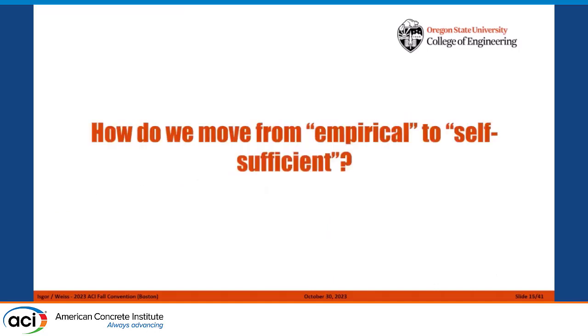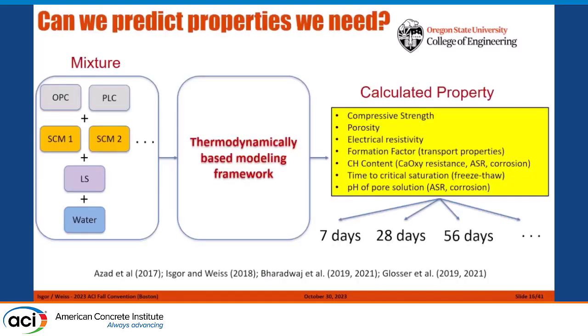So how do we move from empirical to self-sufficient, from eliminating some of those experimental data and obtaining them theoretically? The idea is that, as I said, we have these very creative mixtures now: ordinary Portland cement, limestone, various types of SCMs with interesting sources, and water.